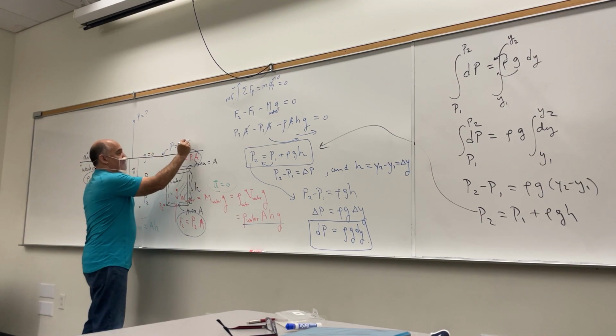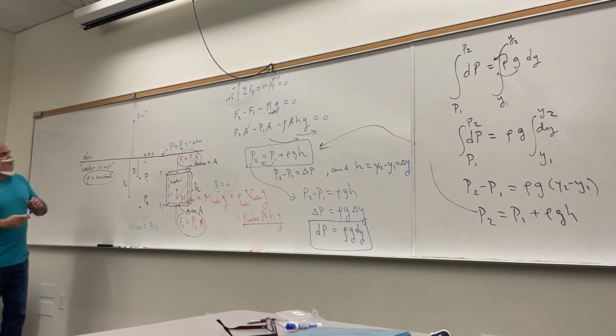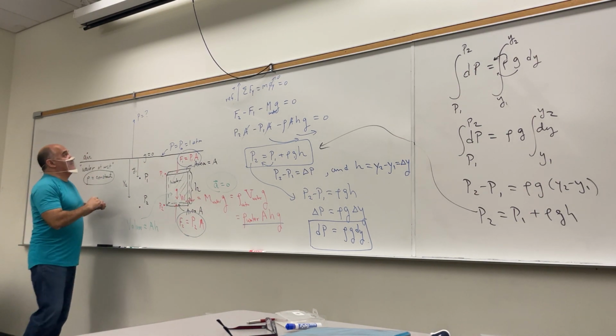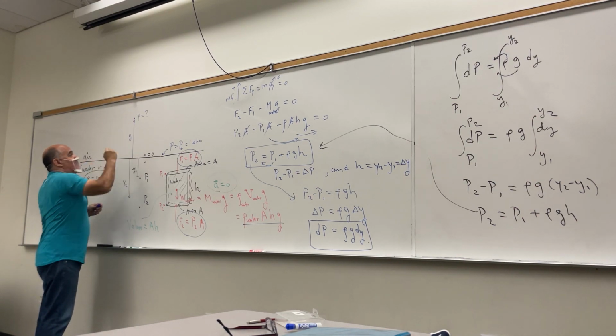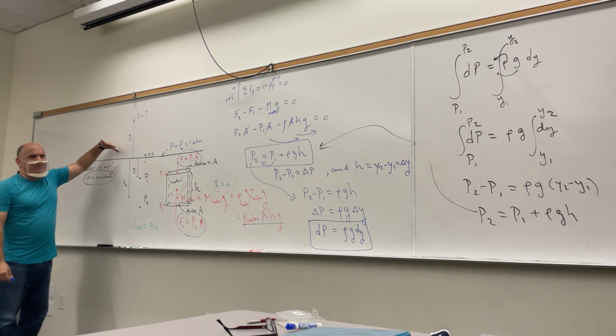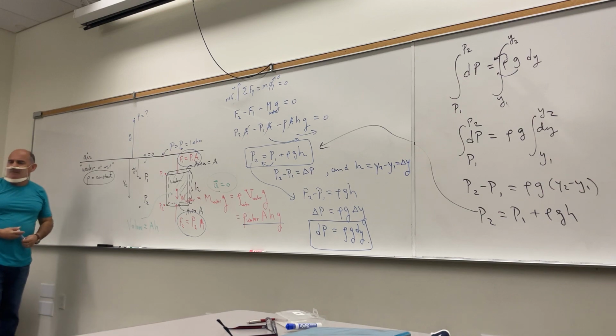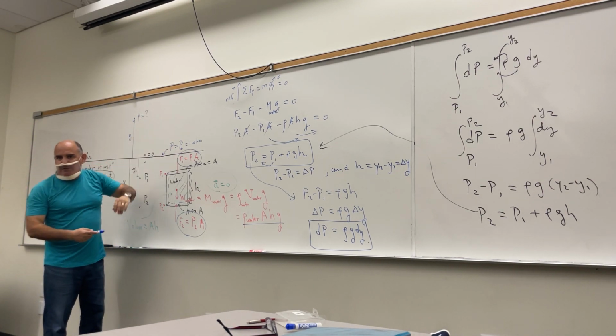It's 1 atm. So what is the pressure up there, for example, at some height y? What is that pressure at an altitude y above sea level or above the ground? This may be the ground. If I know what the pressure is at ground level, what is the pressure further up?